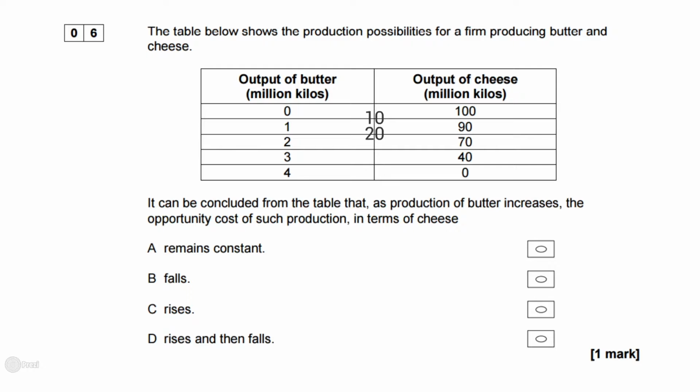From 2 to 3 is 30 of cheese. From 3 to 4 of butter is 40 of cheese. Throughout this period, the opportunity cost of production of butter is rising in terms of cheese. So the answer to this question is C.